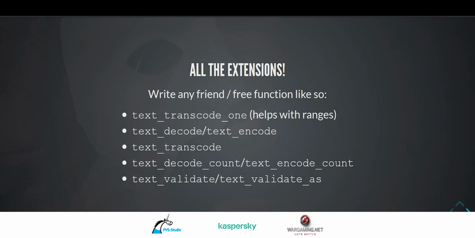We have text decode and text encode, which, whenever you call encode or decode to do the free function conversions, we'll pick up and call for you. If you have text transcode, we'll also override that, like we showed was possible with text transcode1. And we'll also do this for decode count and encode count, as well as validate and validate as.